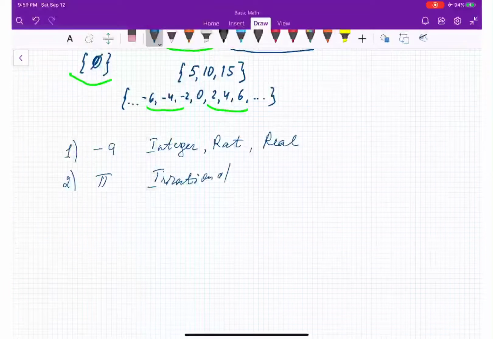Because it's not a whole number. Why is it not a rational number? Because it's not a fraction. Pi is a letter that is accepted in math. Pi is 3.147. So it is irrational, and yes, it is real.